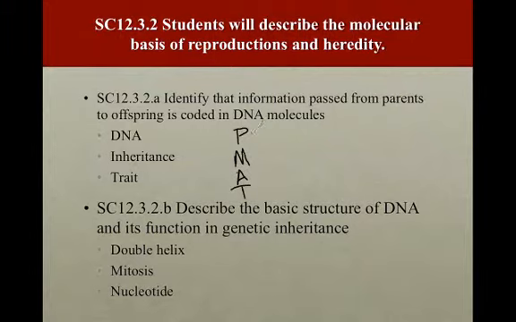So what are the phases? The first one would be prophase, metaphase, and telophase.